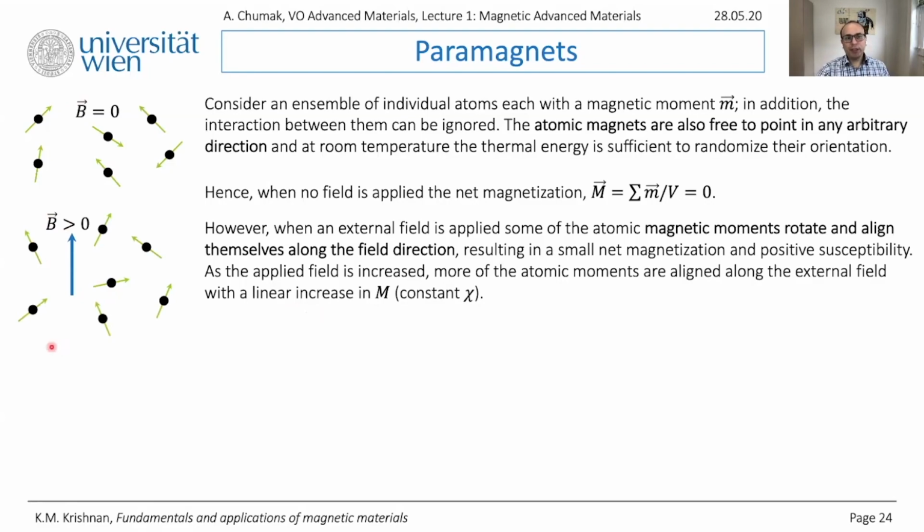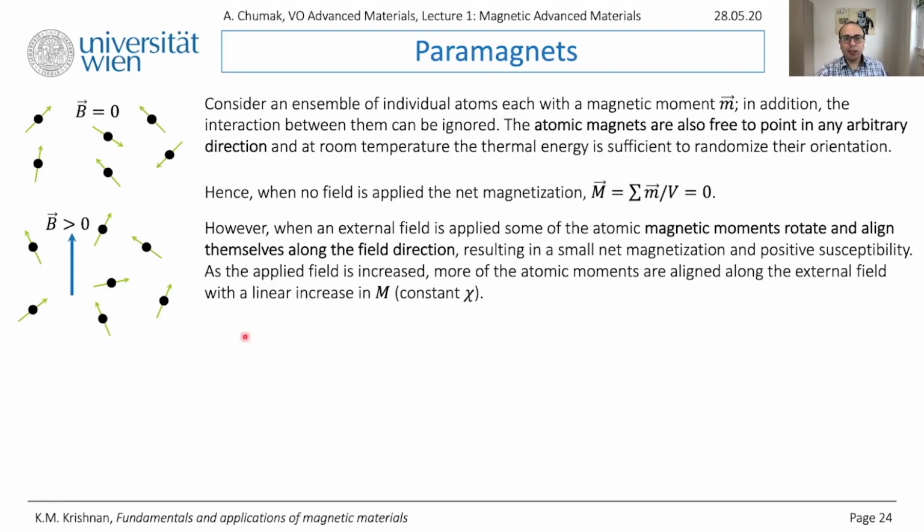You see that usually in this case you still have chaos, but if you look more carefully, you see that now more arrows tend to point along the applied field and fewer arrows point in the opposite direction. So you still have this chaos, but some visibility of order already shows up, since most of them try to point more along this direction.